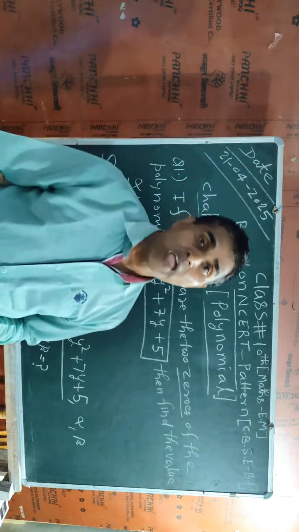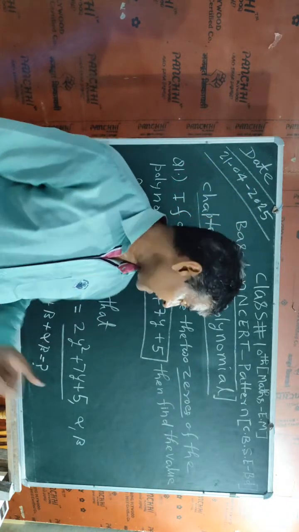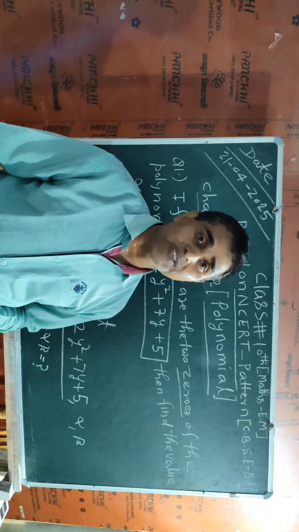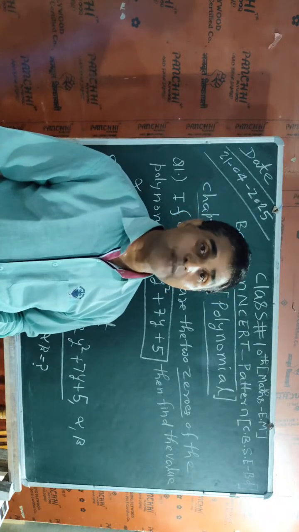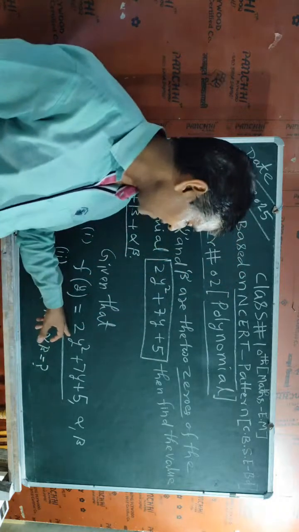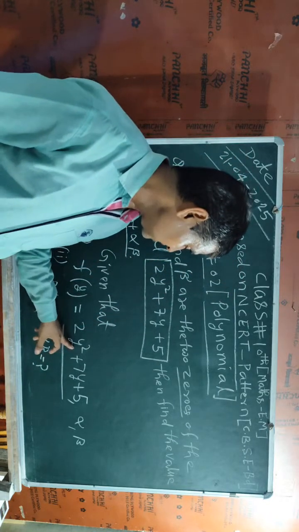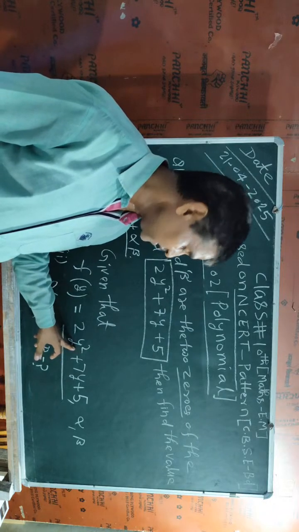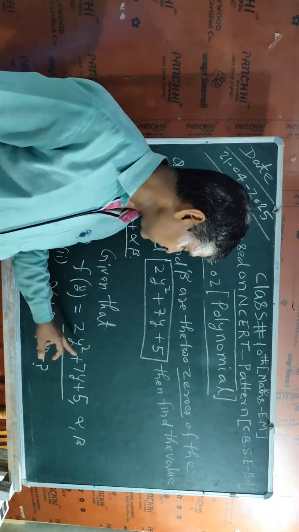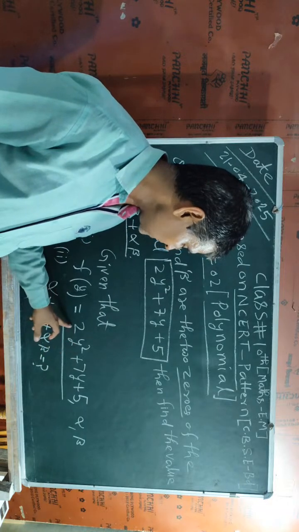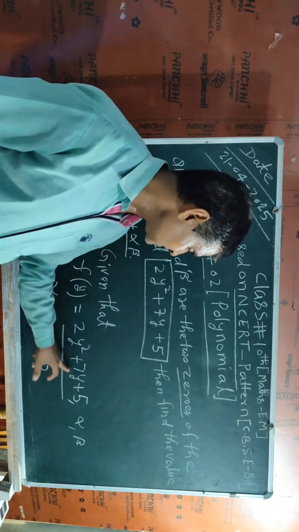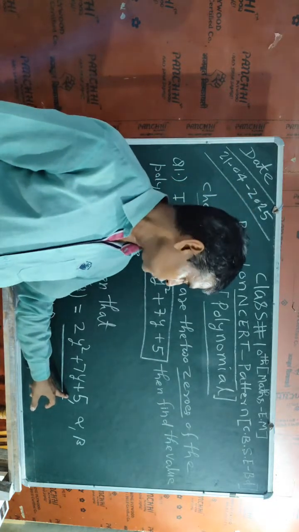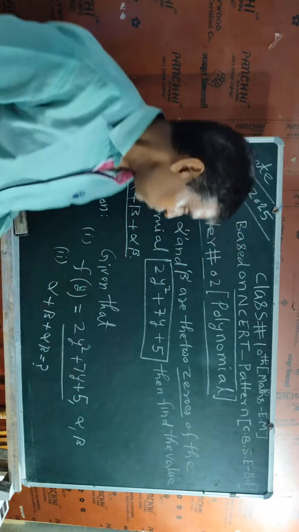I will also write the product of the zeros, alpha into beta, which is equal to the constant term divided by the coefficient of y square, because here the variable is y. So I will take the coefficient of y square. Here the coefficient of y square is 2, the coefficient of y is 7, and the constant term is 5. Each and every student should know it.